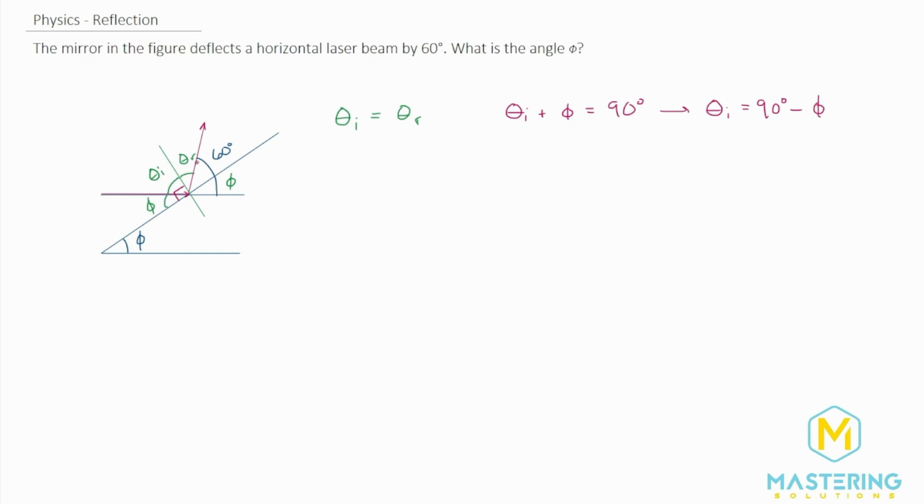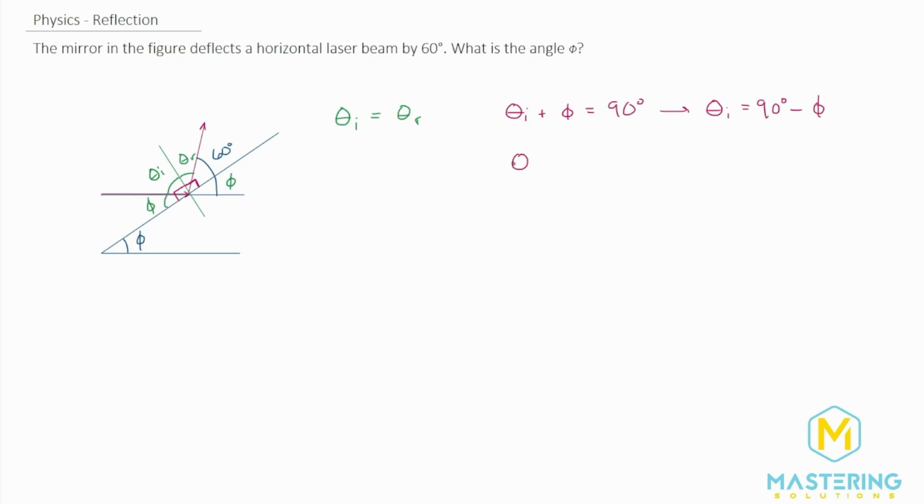Now let's do the same thing with the other one. We want the angle of reflection. So this angle right here is also 90 degrees, but we don't know what this is. So if we take the angle of reflection plus this whole section, we just have to subtract the angle phi out of there, and that'll give us 90.